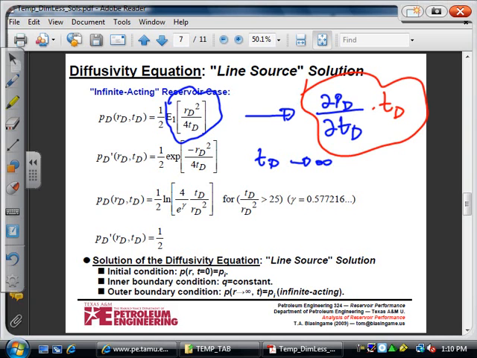If you expand this, then you can approximate the solution, and the solution becomes 1 over 2 ln something. This is valid for values of TD over RD squared higher than 25. So this is basically a good approximation. And if you take the derivative of this, you will see that the well testing derivative will equal 1 over 2.